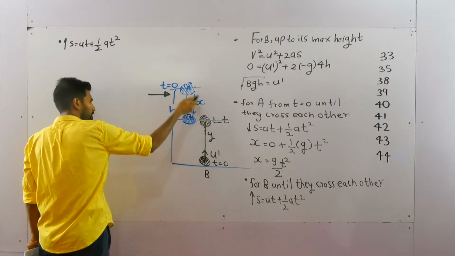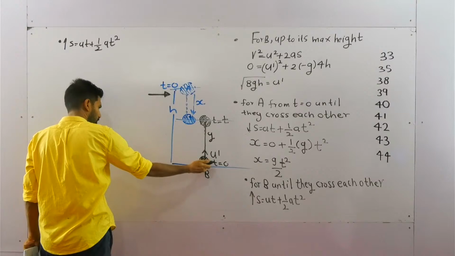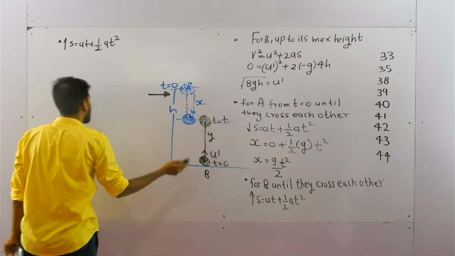To cross with A, capital B has to move a distance y upward.